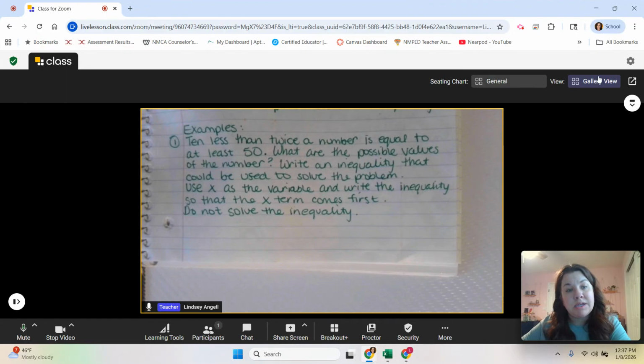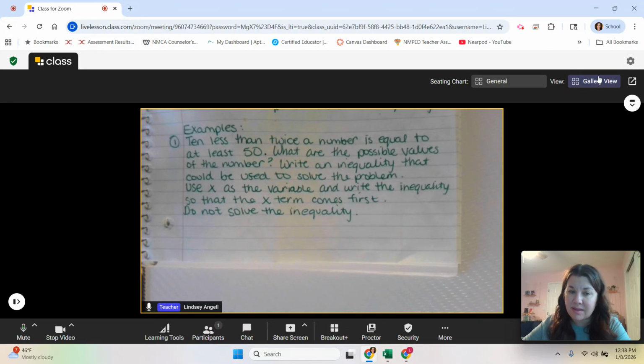All right, number 1 says 10 less than twice a number is equal to at least 50. What are the possible values of the number? Write an inequality that could be used to solve the problem. Use x as the variable and write the inequality so that the x term comes first. Do not solve the inequality.